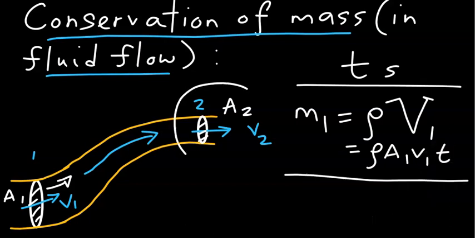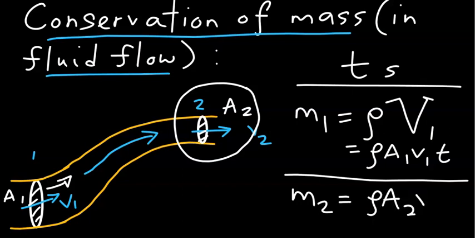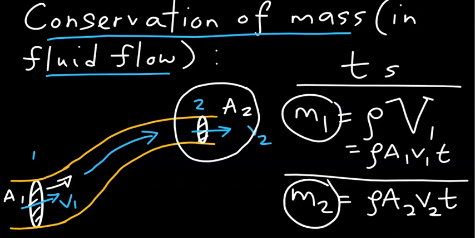Likewise, the mass of fluid that is passing through region 2 in the same amount of time t seconds is m2 equals density, the cross-sectional area A2, the speed v2 times the time interval t seconds. Since m1 and m2 are the same, then m1 over t must be the same as m2 over t.